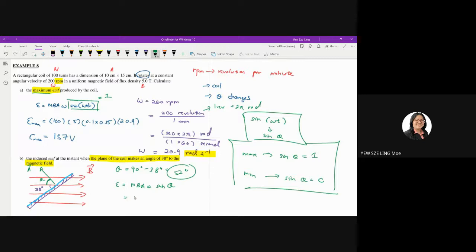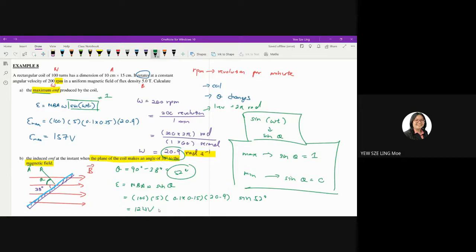So it equals 100 times 5, times 0.1 times 0.15, ω is 20.9 from the previous question, and then sin 52 degrees. So EMF equals 124 volt.